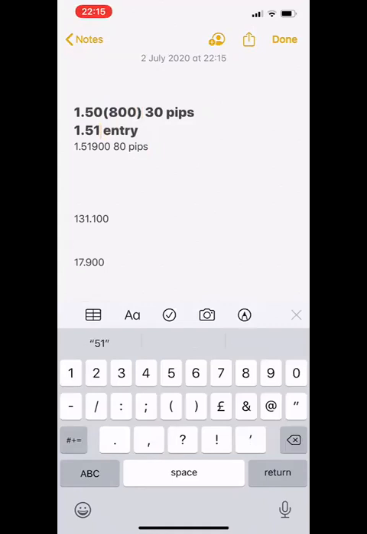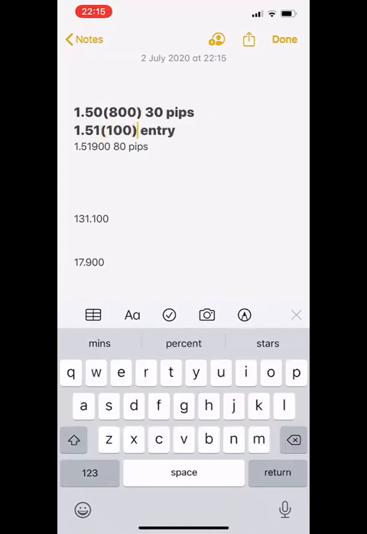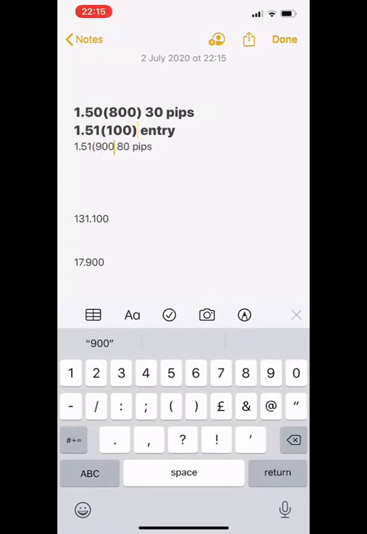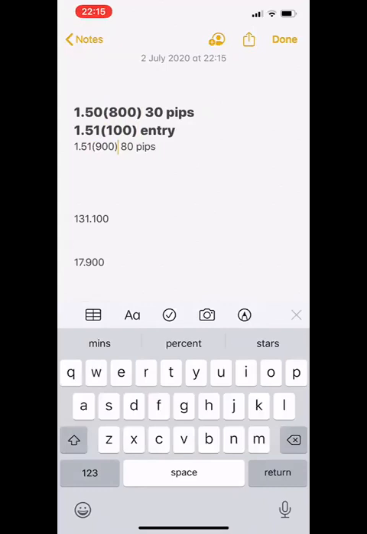I mean the pips. Let me try and make it easier for everyone to see. So where the brackets are is where you start to calculate the pips. Every time the number moves by 100, it equals 10 pips.